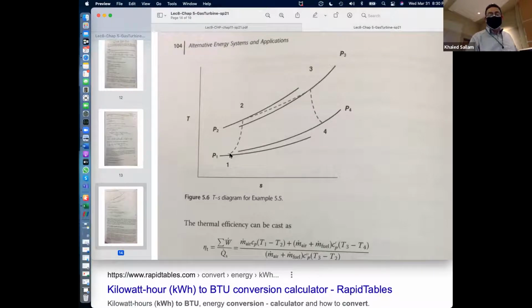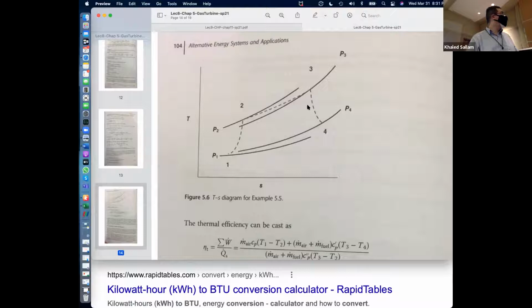Okay, so the ideal cycle was isentropic, constant pressure, isentropic, constant pressure. That's the Brayton cycle. But the real cycle will have not isentropic compression, but you go this way, with the isentropic efficiency of the compressor. And the same thing for the turbine. The turbine does not drop isentropically.